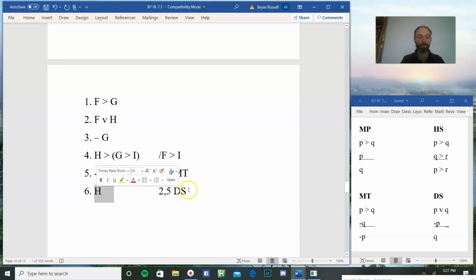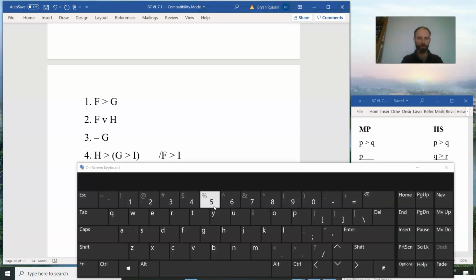So MP tells us we can get everything to the right of the horseshoe. So that is G horseshoe I. And how did we do that? We did 4 and 6, MP.